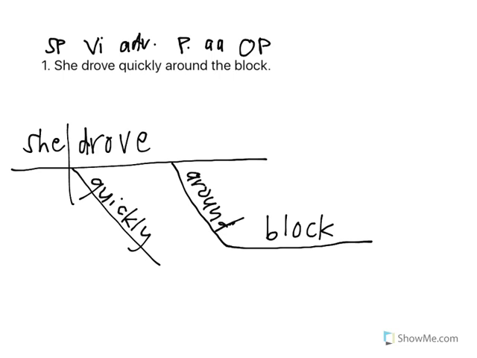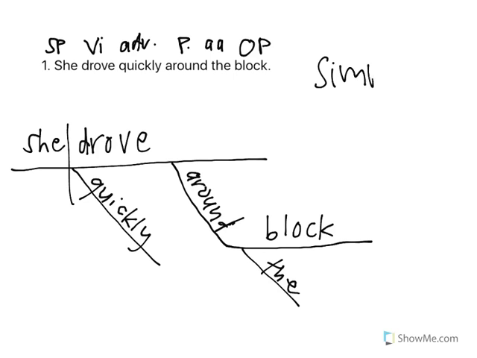Around, block. Which block? The block. The is modifying block, so it goes right there. Okay, and the prepositional phrase line goes underneath drove because it's pointing out where she drove. It's modifying the word drove.